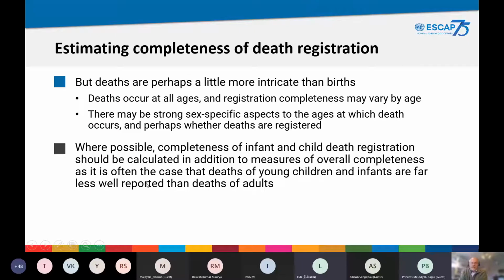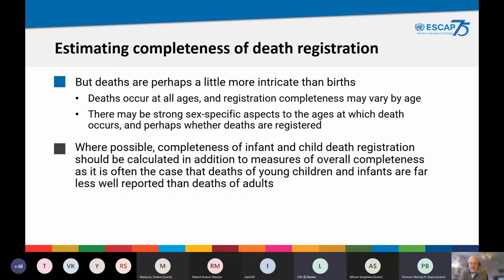So when we're thinking about death registration relative to birth registration, there are some important conceptual differences. Firstly, and this does bear mentioning, is that problem which we encounter with birth registration often being delayed by many, many years.